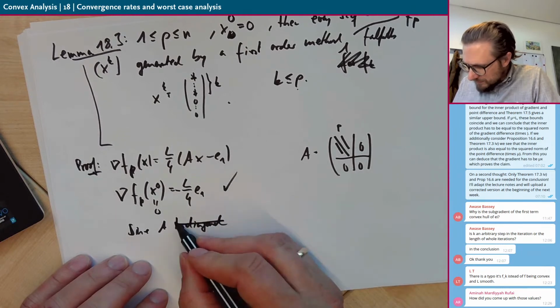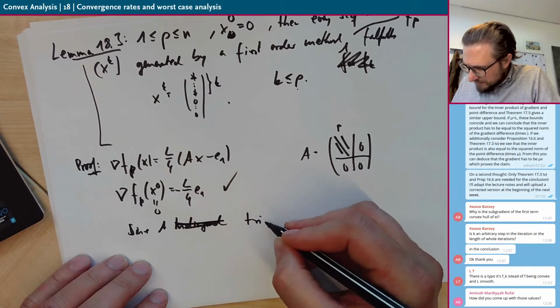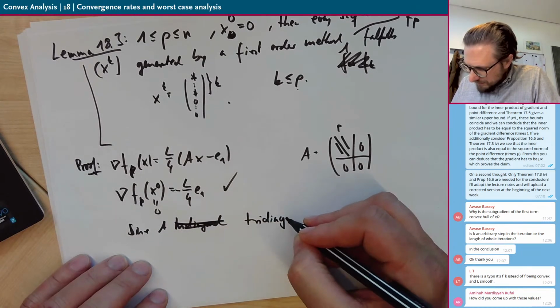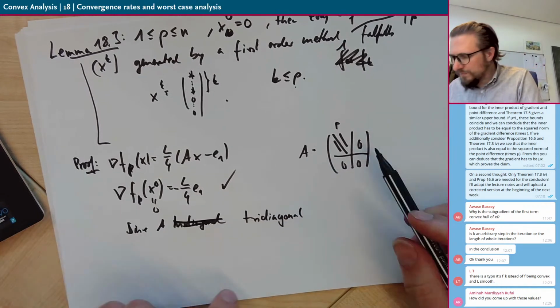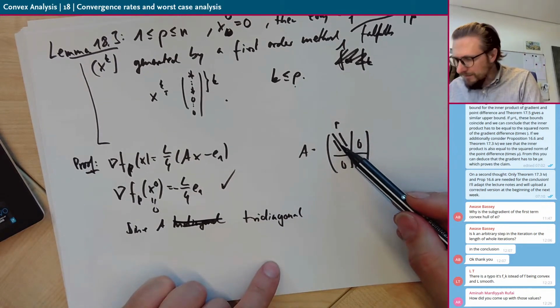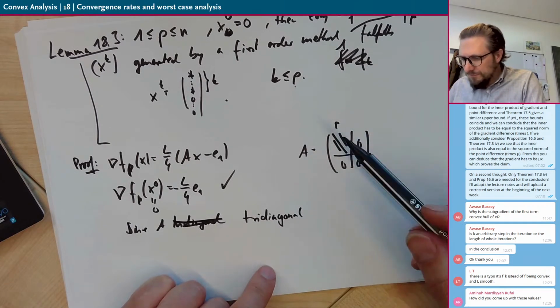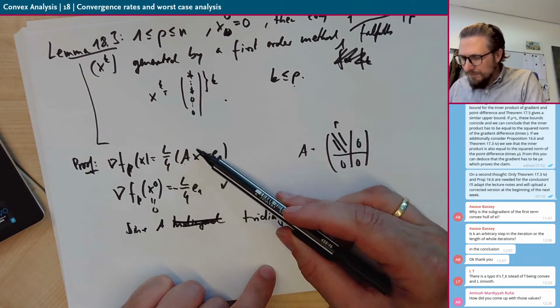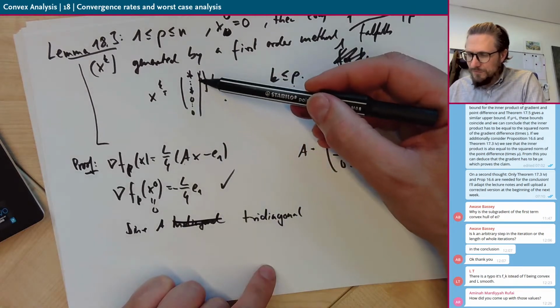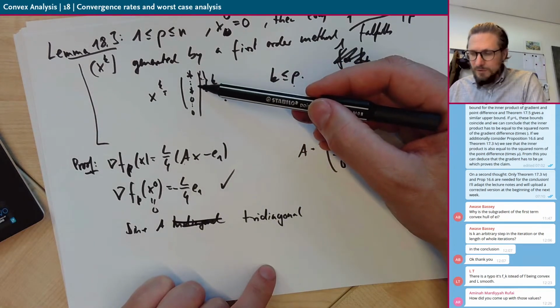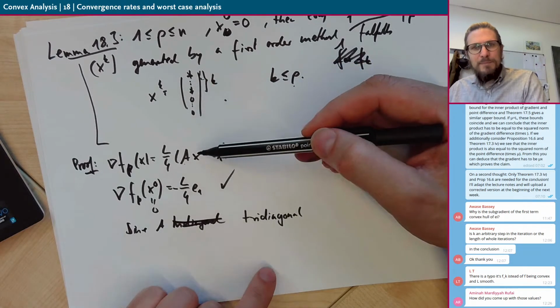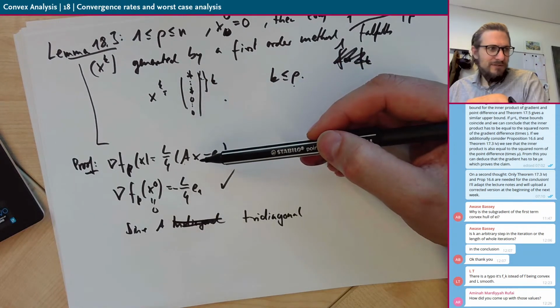So now, since A is tri-diagonal, which means only the diagonal and the first one above and the first one below have non-zero entries, you see, if you multiply A by something which only has non-zero entries in the first, let's say 5 entries, it may happen that the 6th gets non-zero but nothing more.